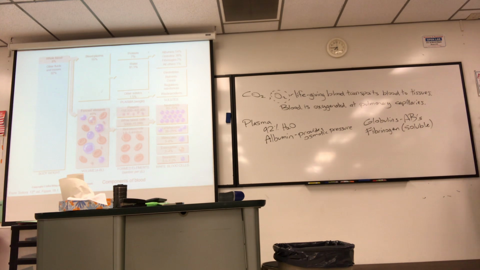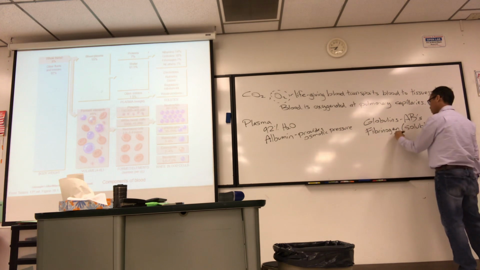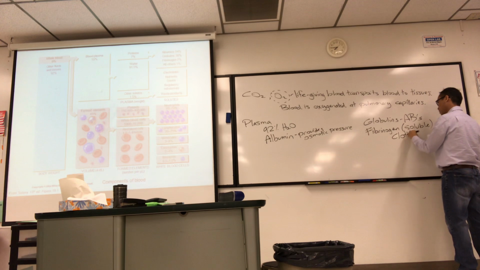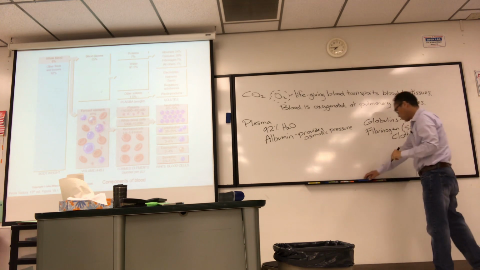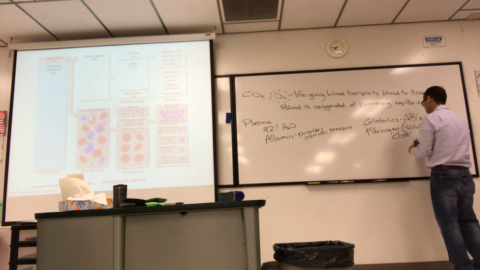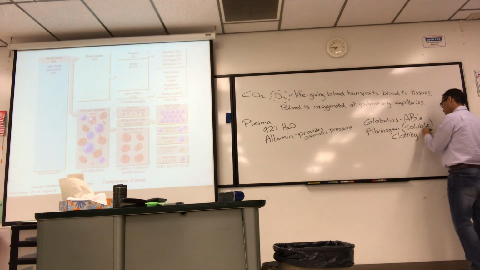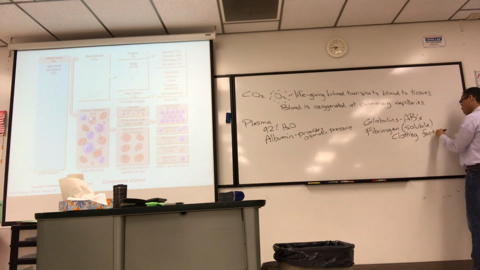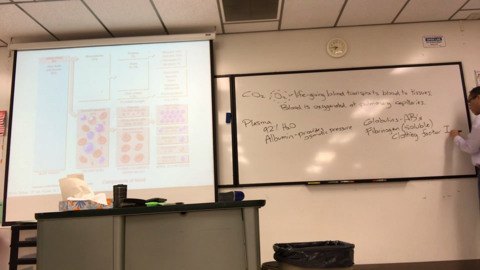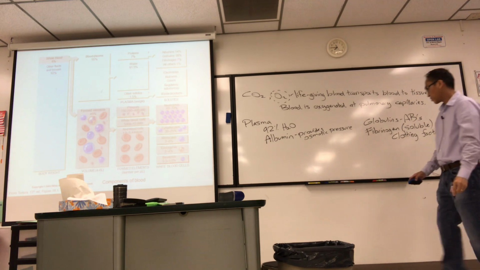It's a clotting factor. In fact, it's clotting factor 1, Roman numeral I, which tells you it's the most important one. There's other stuff in there. They don't list anything else, but that's good enough.